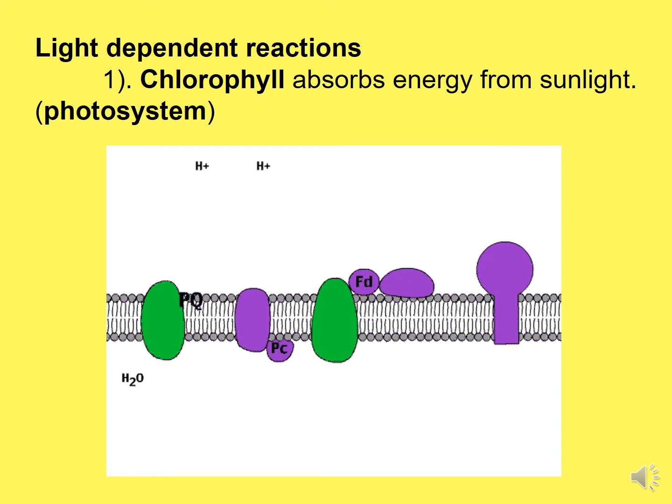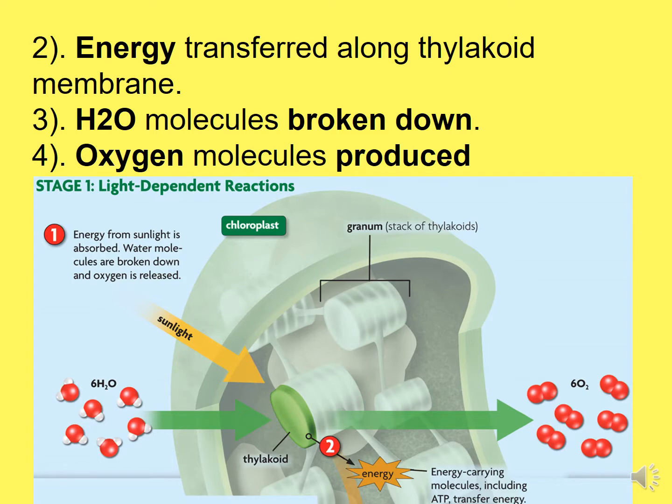Light dependent, okay, chlorophyll absorbs energy from sunlight. This is called the photosystem. So it absorbs energy from the sunlight. Once we do it, energy is transferred along the thylakoid membrane. So this is where water molecules are broken down. Okay, so the water molecules break down and oxygen is produced. Let me show you from here.